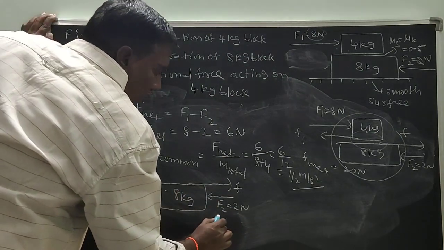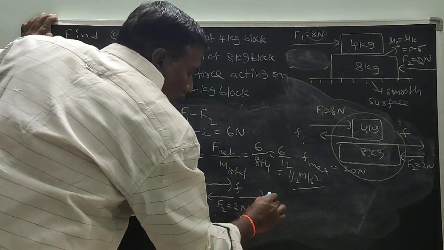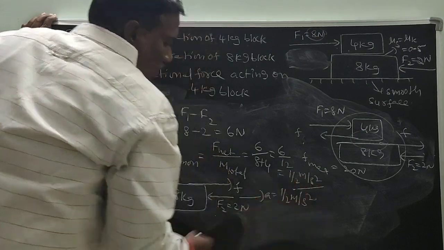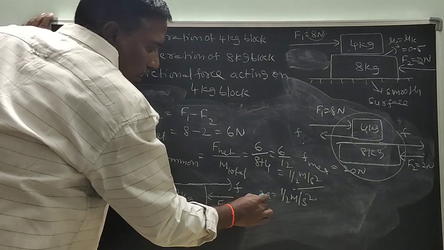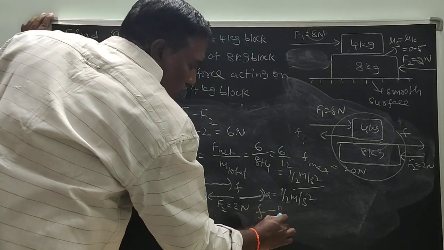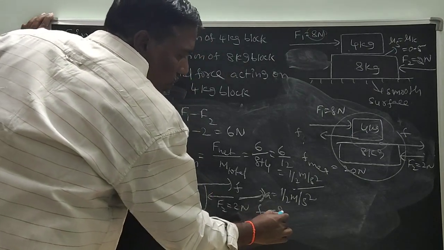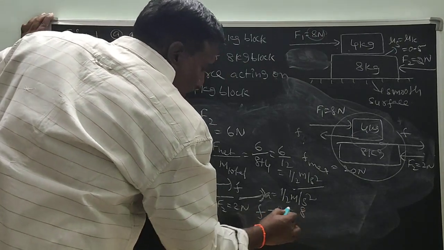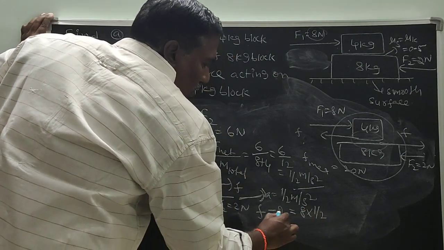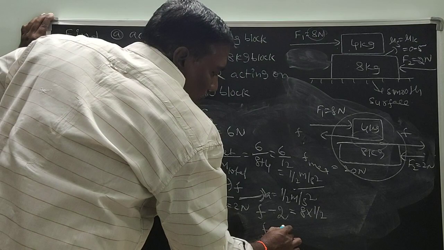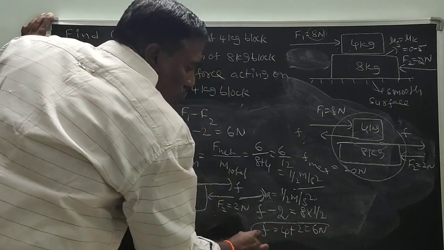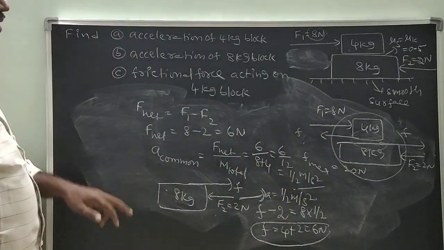The acceleration of the system is half meter per second square. So net acceleration is in this direction. Frictional force minus 2 Newton is equal to 8 into half. So F is equal to 4 plus 2. Here the frictional force required for the 8 kg block is 6 Newton.